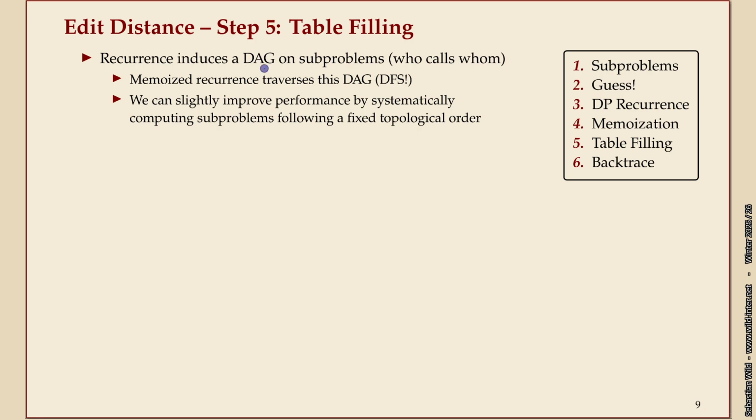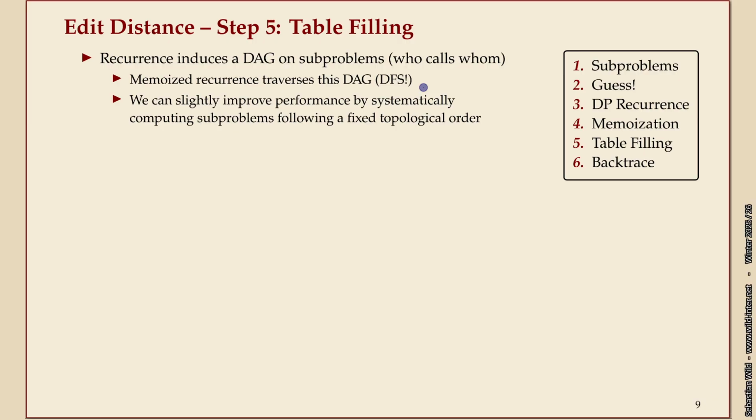The general form means you're building a DAG over all the subproblems. The edges in the DAG come from which subproblem uses which other subproblem in one of the guesses. And it has to be a DAG, otherwise your recurrence wouldn't work. You would cyclically depend on each other.